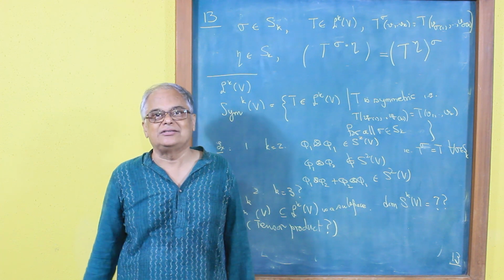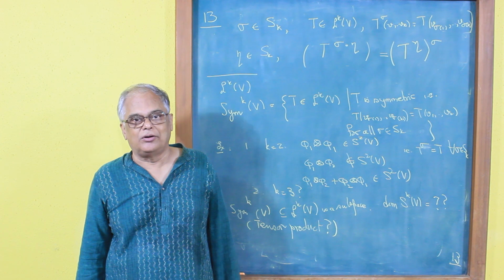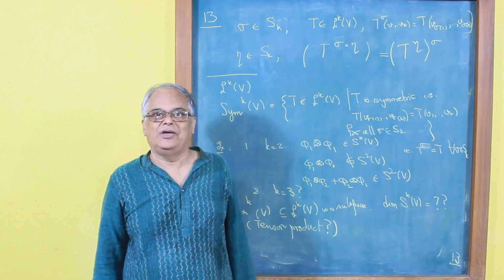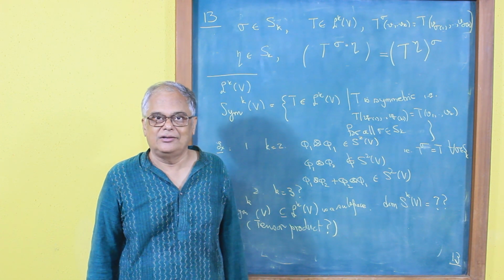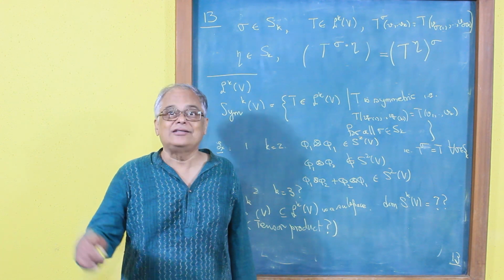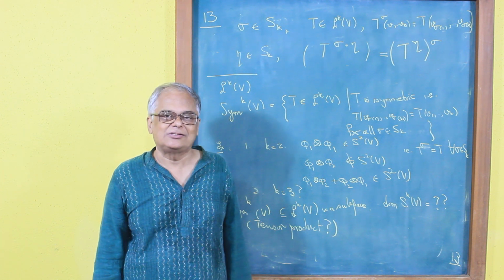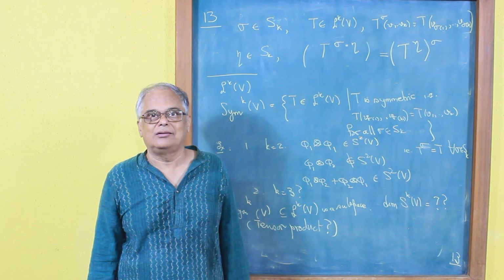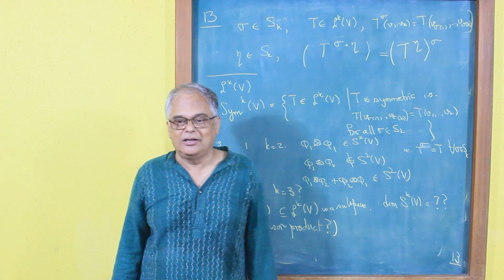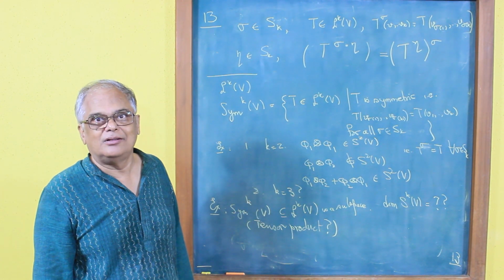We want something that is invariant under the action of Sk. Now, the thing that you have may not be invariant under the action of Sk. But if you take all these T sigmas and take their average, the average of the T sigmas should behave well. What do we mean by that? And this is a general, very fundamental principle.